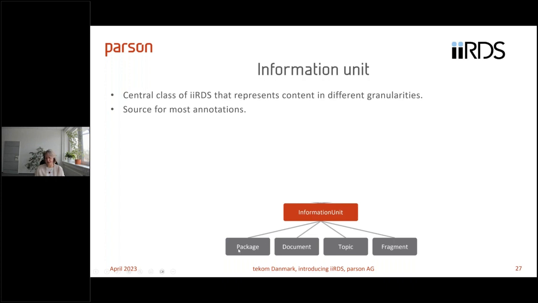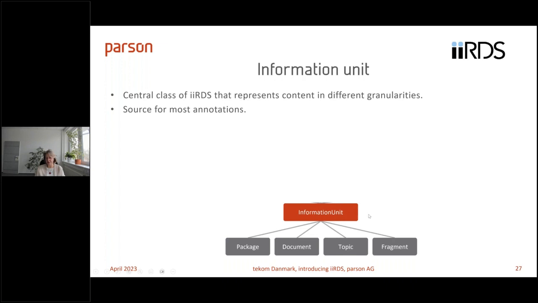That means that you can use IRDS metadata on different granularities of content. Because IRDS comes from the domain of technical communication, most of the metadata that we have actually refers to information units, because we are talking about content. And that's why we have metadata that refers to content, namely to topics, fragments, or documents.